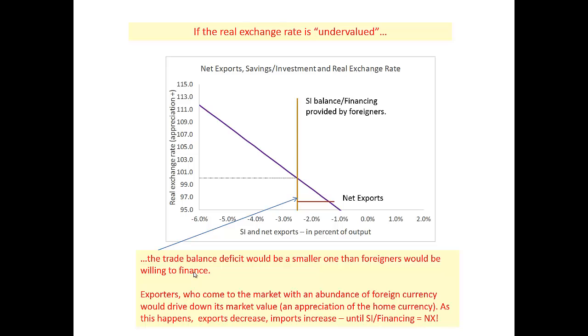During that process, they're going to be bidding up the value of the domestic currency relative to the foreign currency, and we'll call that an appreciation of the home currency. As this happens, some exporters are going to be squeezed out, but more imports are going to be encouraged until we once again reach this equilibrium where savings and investment financing are equal to net exports.